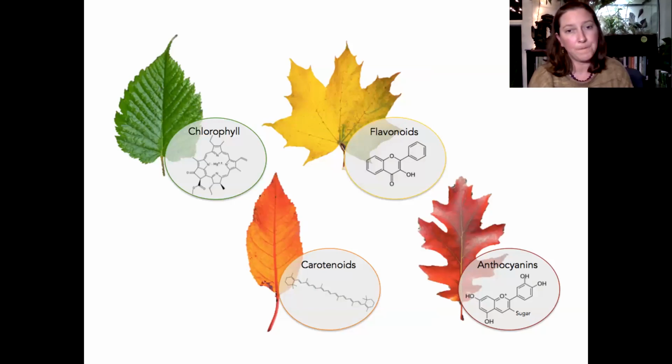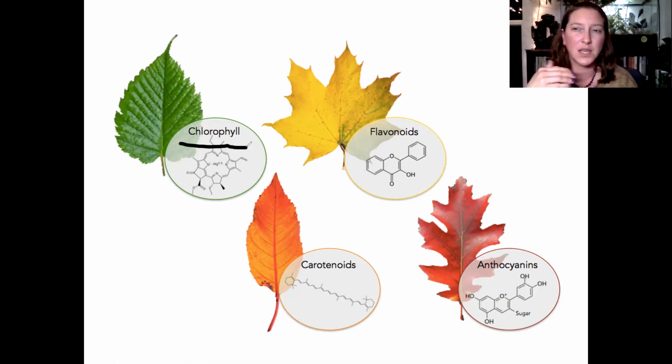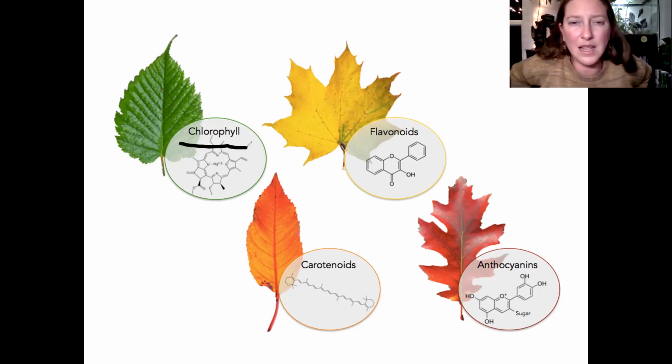So for example, here, you see chlorophyll on the left with this green leaf, but sometimes other species have more of these other things. And so no matter what, when fall happens, and the temperatures are getting cooler and the amount of daylight is less, chlorophyll is the first pigment to kind of go away in leaves.